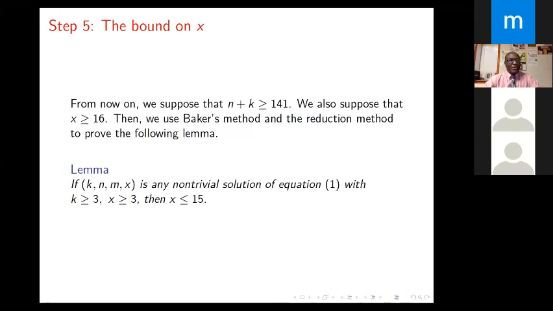So with this step, we put down the bound of x to 15. And we see that if we consider the powers up to 15, we can handle that with a computer.